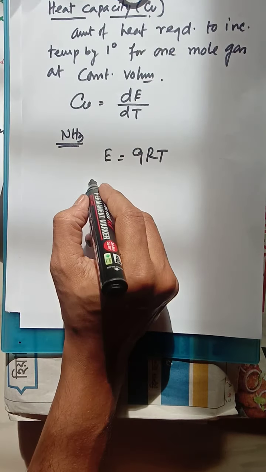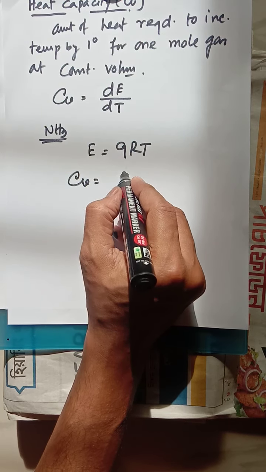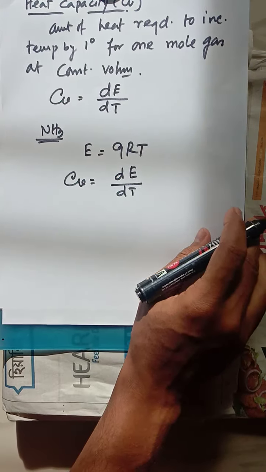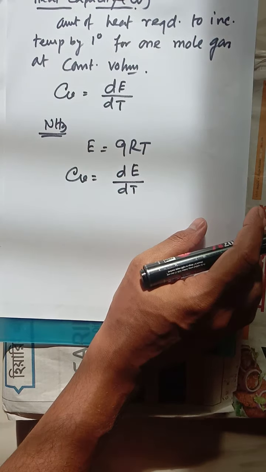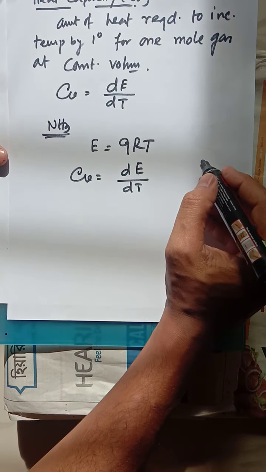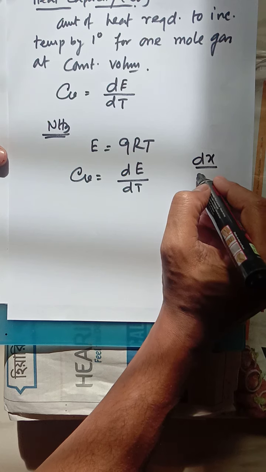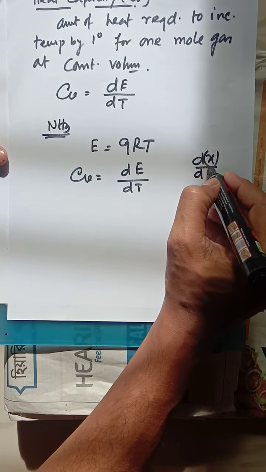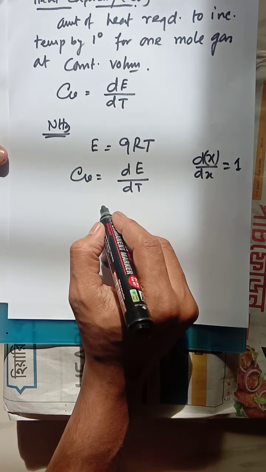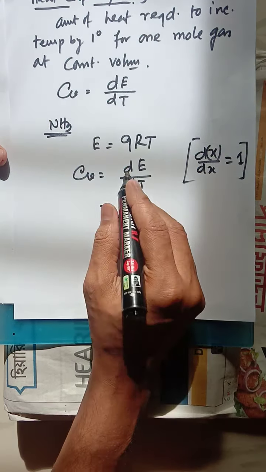So how can we calculate Cv? Cv equals dE by dT. It is the calculus part of mathematics, which we must learn. In calculus, the formula tells us dx by dx is 1.